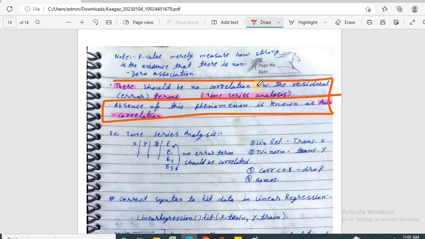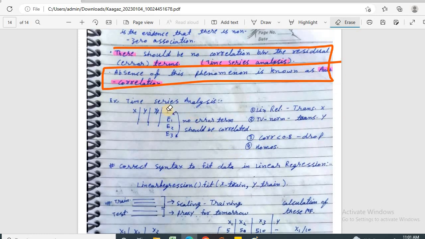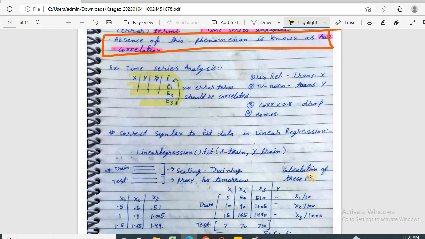For example, we have x, we have y, y predicted, and errors E1, E2, E3. No error terms should be correlated.